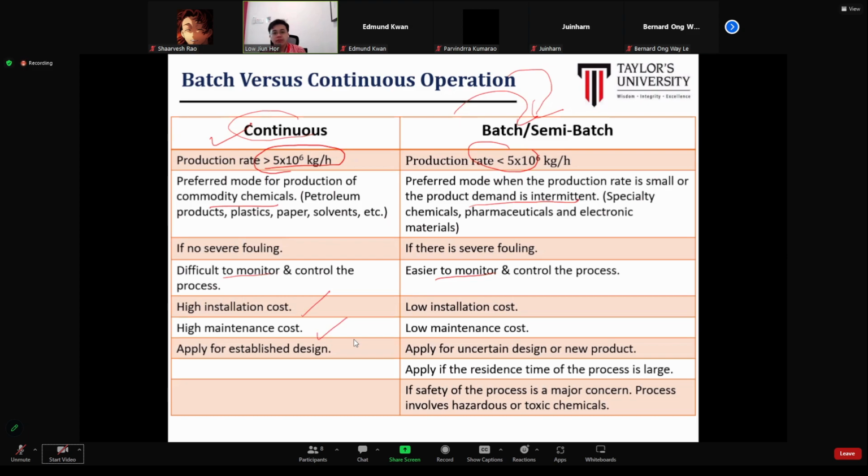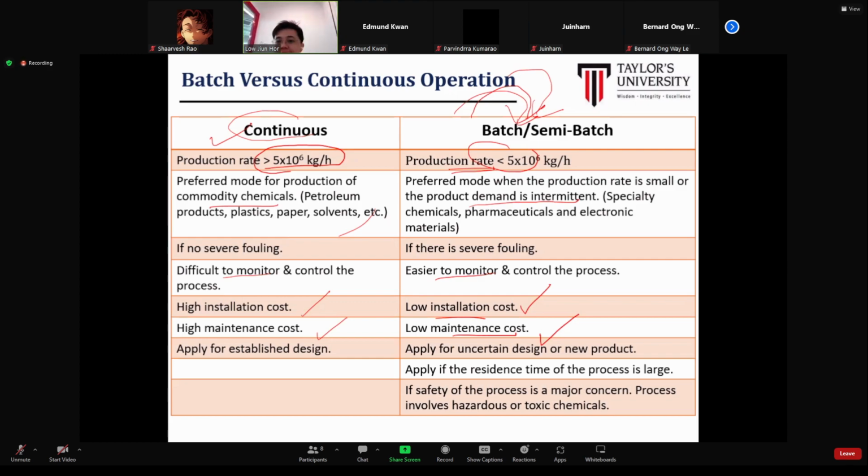And for batch, the installation cost is lower and the maintenance cost is lower. Why? Because the production rate handled by the batch reactor or the batch process here is smaller than the production rate of our continuous process. Since the production rate is lower, the size of the unit operation that you need is also smaller. That's why the installation cost is lower and the maintenance cost is also lower.